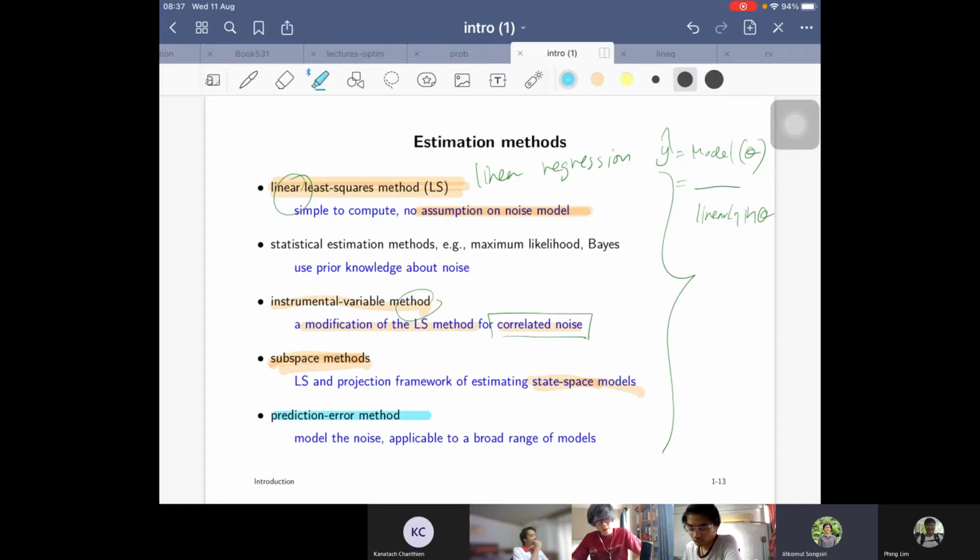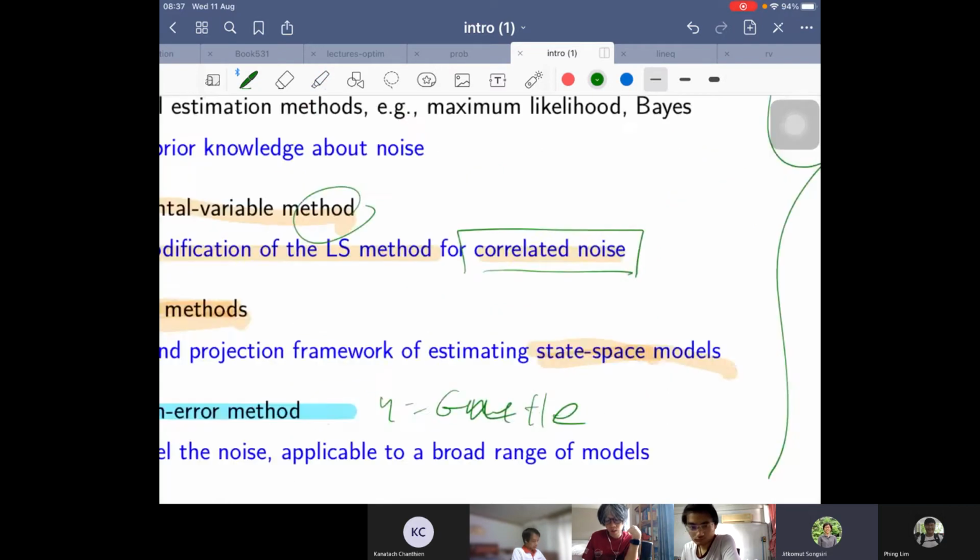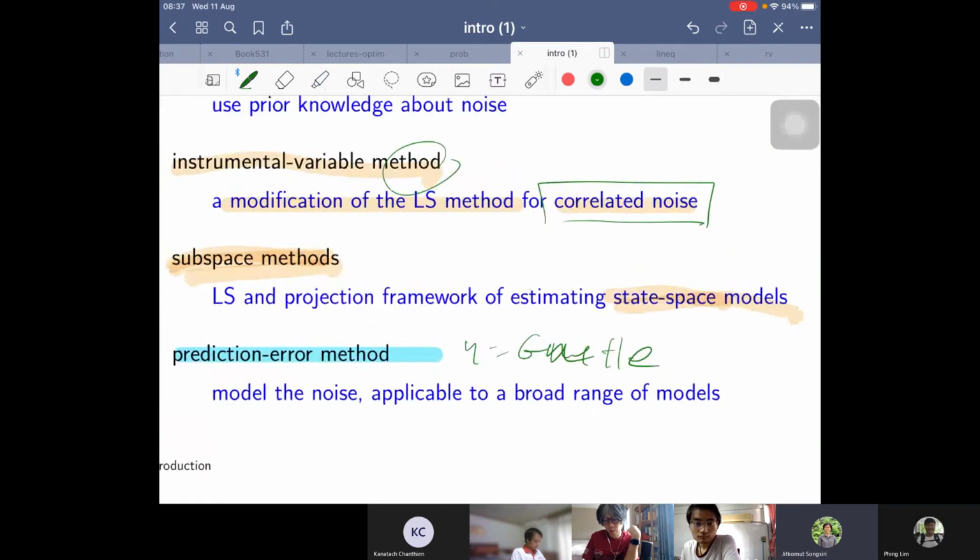This is a wider class of models where you can model the dynamics from u to y as a transfer function G, and it also allows you to consider a transfer function from e to y.